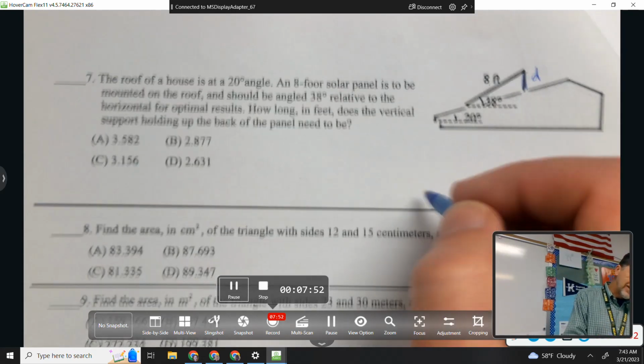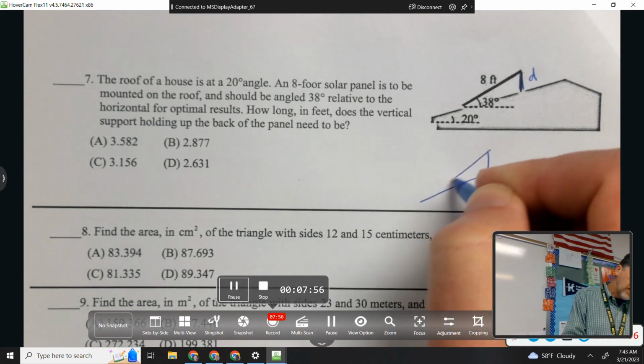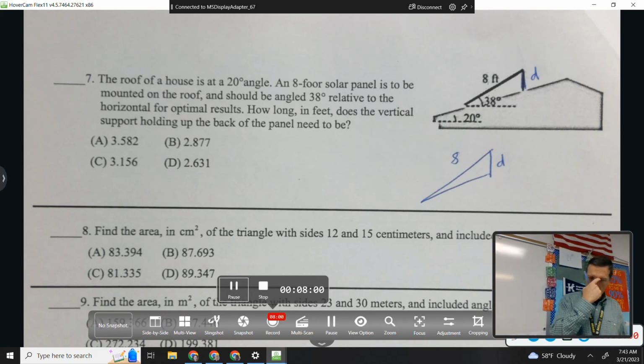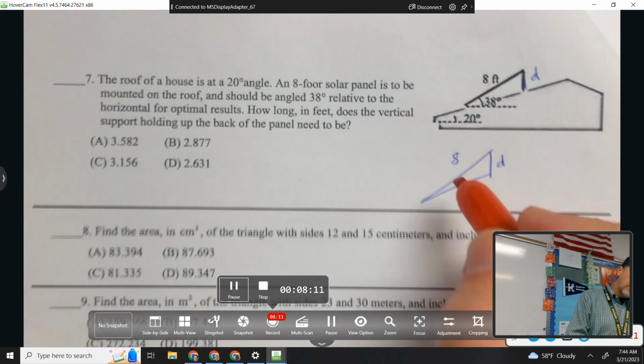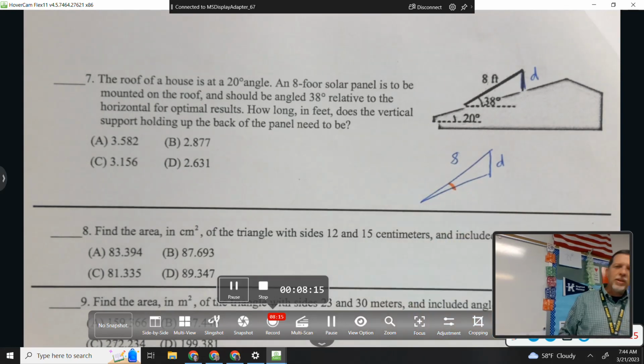Well, I'm going to try to just pull out that triangle. So is there anything we can figure out in that triangle? Anything else we know? I drew it really skinny, but I think we can figure out that angle.